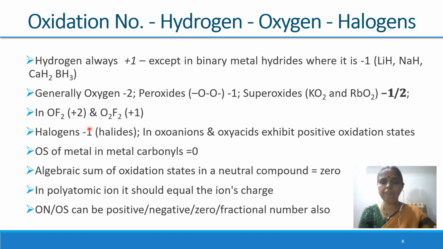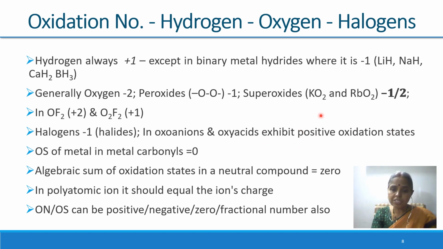Now come to halogens. Halogens other than fluorine. Fluorine is only minus 1, but there are other halogens: chlorine, bromine, iodine. For other halogens, it is minus 1 only, but in oxoanions and oxyacids, when chlorine or bromine or iodine is combined with oxygen, they exhibit positive oxidation states. The positive oxidation states will vary depending on the compound.